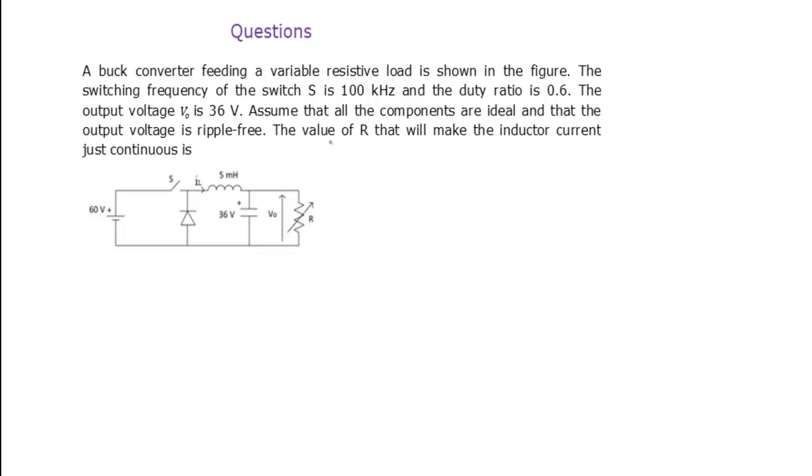Just continuous. First thing you need to remember, just continuous is nothing but critical conduction. Okay, so that's the meaning. Just continuous, or boundary between continuous and discontinuous, critical conduction, all are the same. Now it is asked what is the resistance value required at the critical conduction.